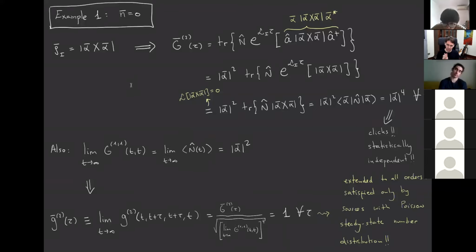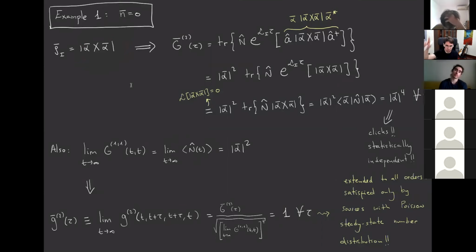If you check the definitions of the Gns, you can prove that this only happens when the sources have a Poisson steady state number distribution. So this means that either they are in a coherent state or, sorry, not a superposition, but a mixture of coherent states with the same phase.